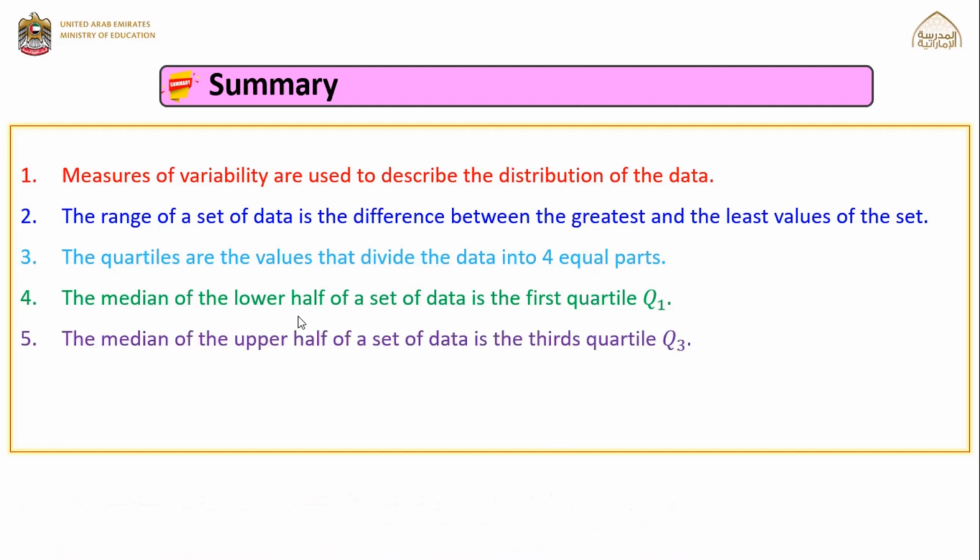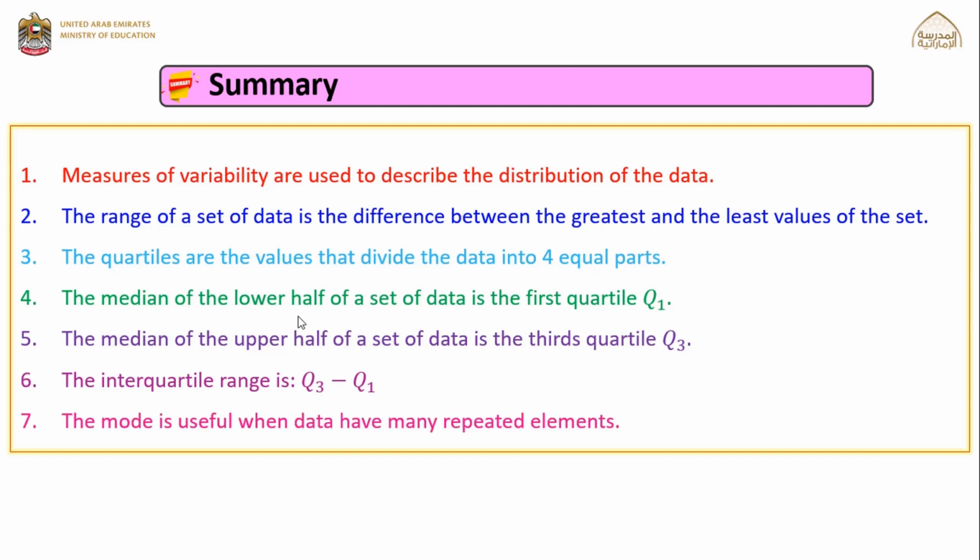The median of the upper half of a set of data is the third quartile, Q3. The interquartile range is Q3 minus Q1, which is the difference between the third quartile and the first quartile. The mode is useful when data have many repeated elements.